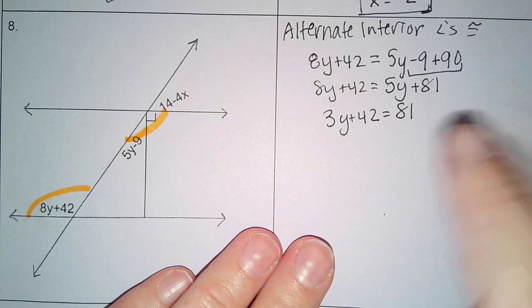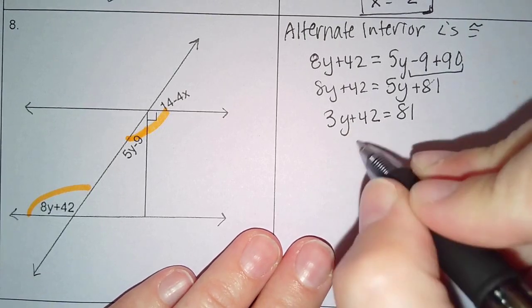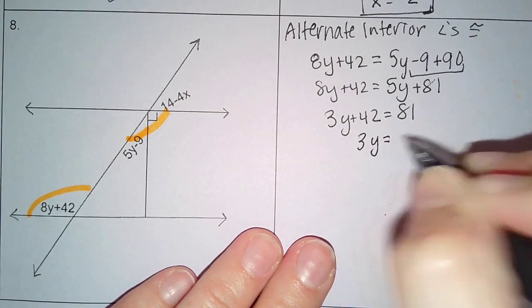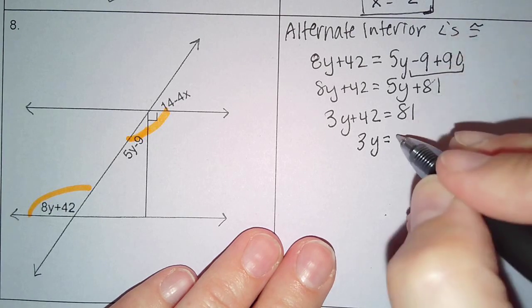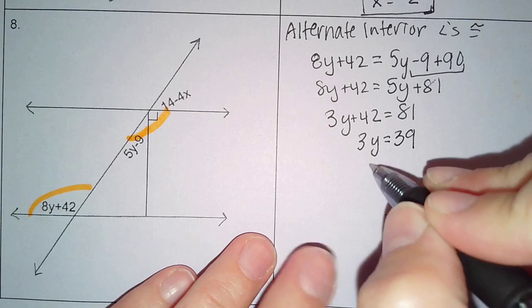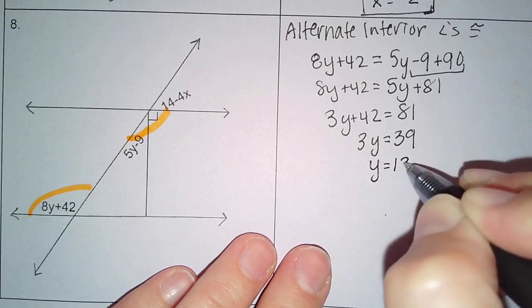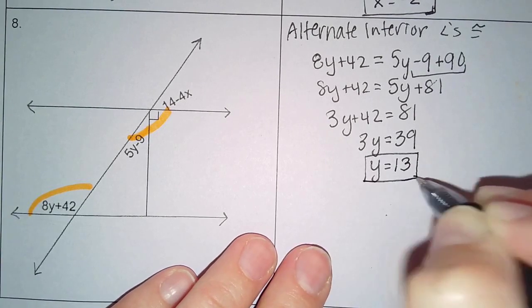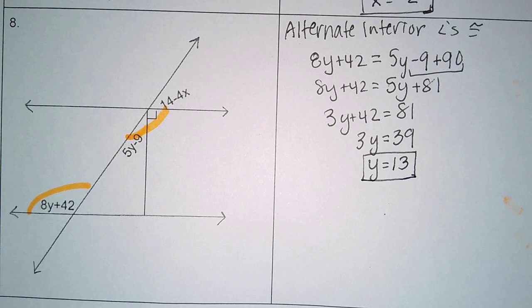Subtract 42 on both sides, so 3y equals 81 minus 42 is 39. Divide both sides by 3, so y equals 13. I know I'm going a little bit fast through the addition and subtraction, but it's okay. If you needed to plug that into your calculator, that's just another step, and that's okay.